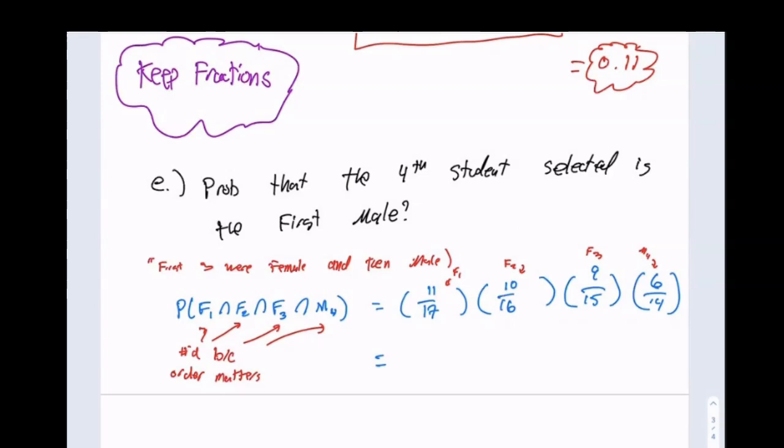I got 0.104. Can anybody confirm that? Did anybody get the same thing? Did anybody get anything different? I got the same thing. Perfect.